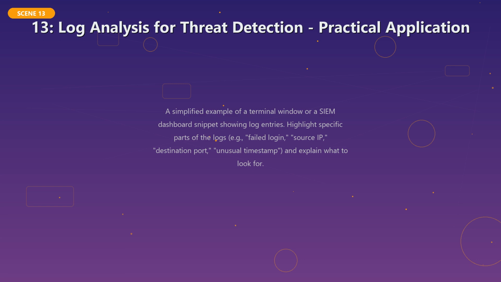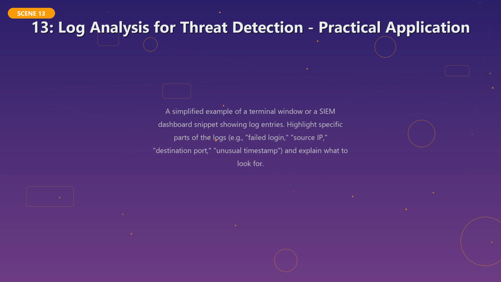Example log pattern: a web server, src_IP equals 10.0.0.5, that usually serves web pages on port 80/443 suddenly initiates an outbound connection to a foreign IP address, dst_IP equals 185.x.x.x, on an uncommon port, dst_port equals 5357. This could signal command and control, C2, communication or data exfiltration.